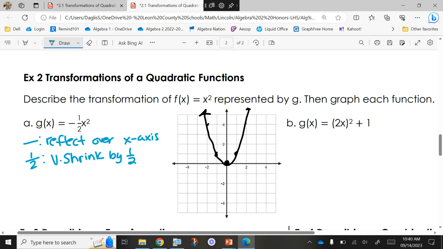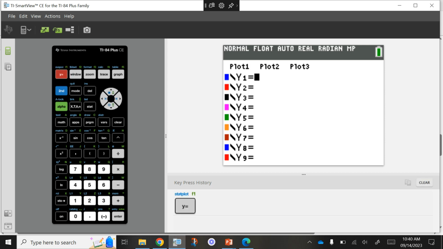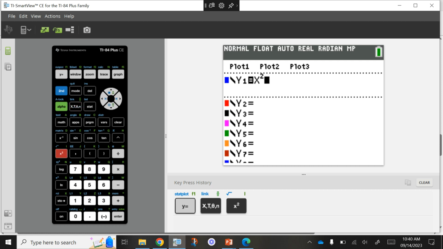I could plug those numbers in, but I want to show you how to use a calculator, so let's get those out. So calculators, we're going to go to y equals, and we're going to graph both of these functions. So y equals x squared is your parent function.